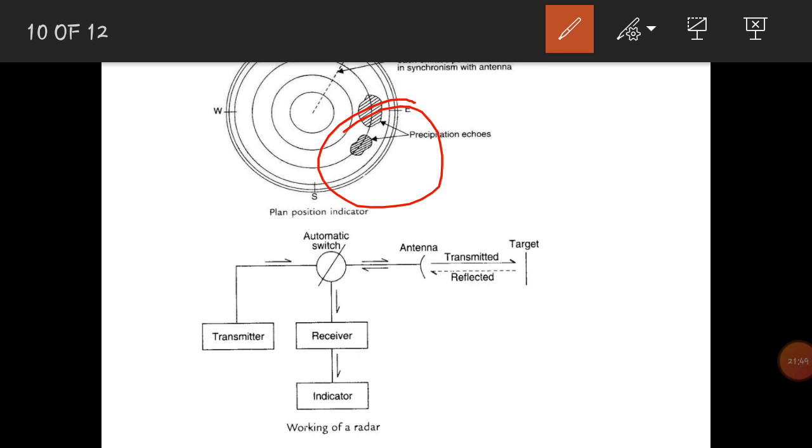Attenuation most affects the shorter wavelengths, thus it is frequently advocated that a wavelength of 10 cm be used for quantitative rainfall measurement. Random errors in signal estimates are associated with the independent motions of numerous target precipitation particles.